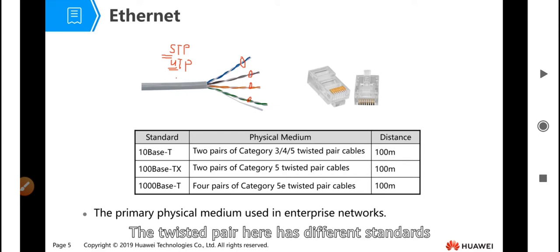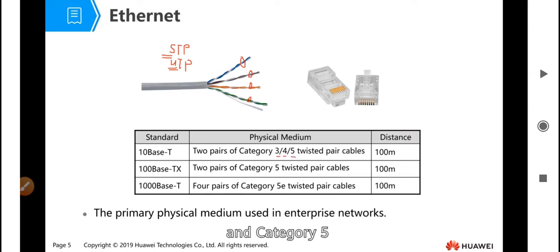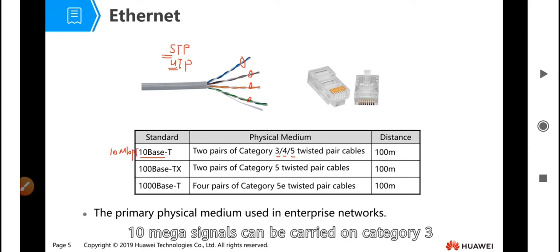The twisted pair has different standards. Usually, we have category 3, category 4, and category 5. Each category means different quality to carry signals. We can see that 10Base, which means 10 Mbps signals, can be carried on Cat 3.